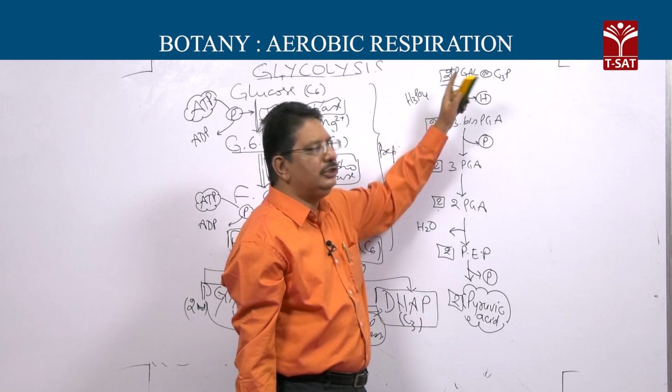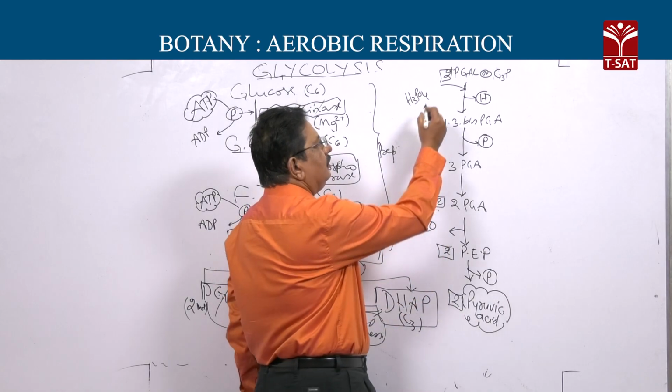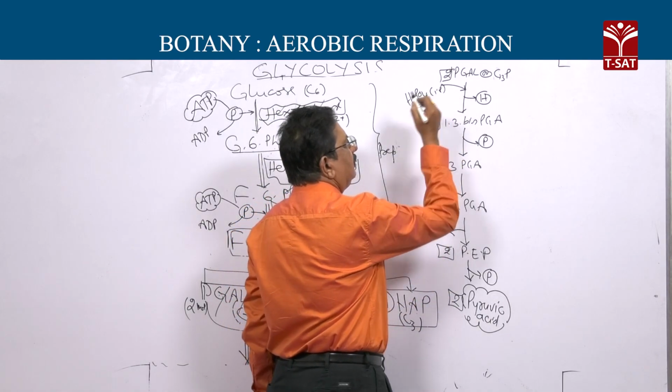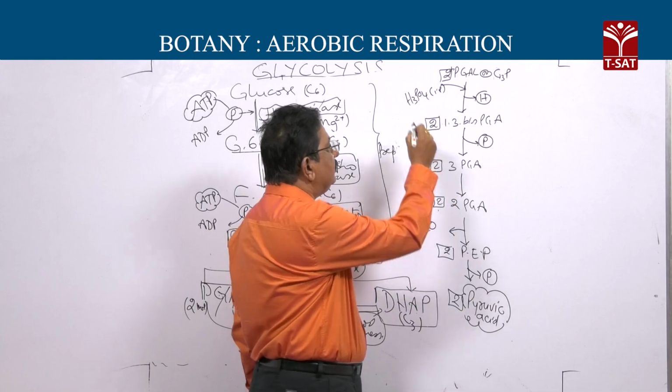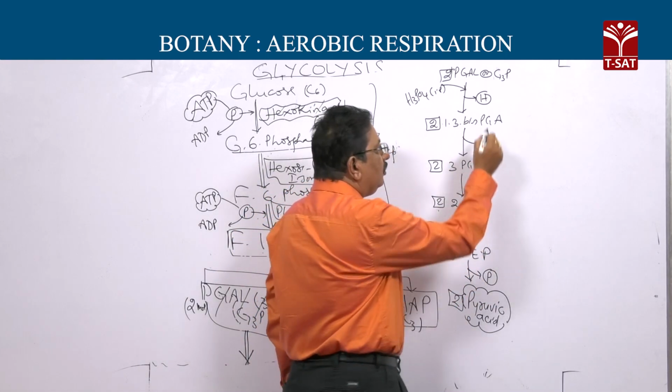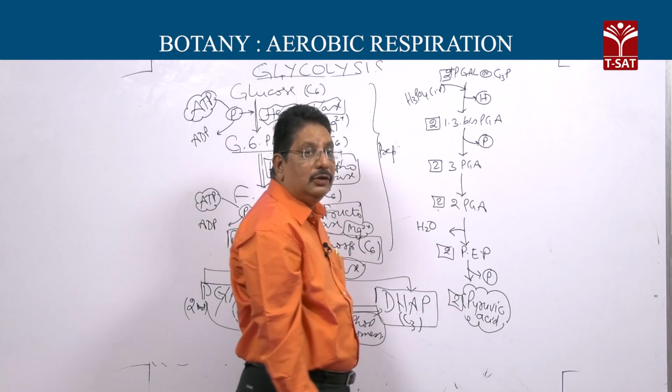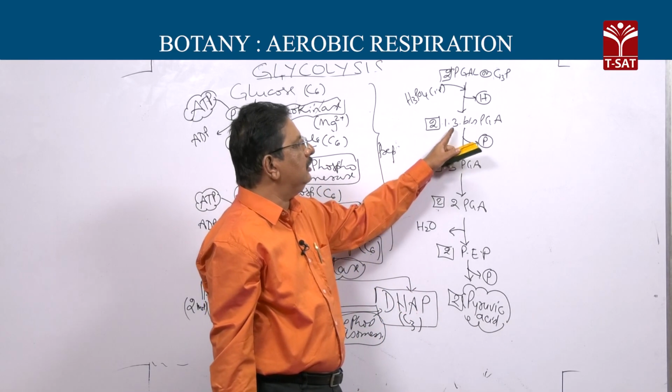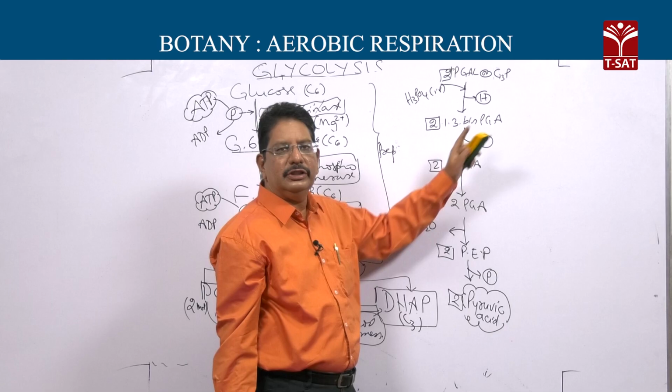So, 2 PGAL react with an inorganic phosphate, which is available in H3PO4, and lose hydrogen atoms and convert into 1,3-bisphosphoglyceric acid.